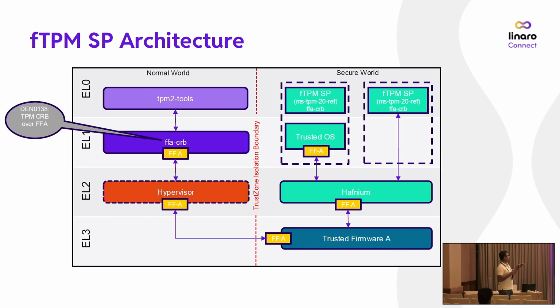Once it identifies that it's a get random command, if PSA crypto is supported, then it would use PSA get random to get the random number, and then it would update the CRB structures in the memory and also send the response back over FFA.